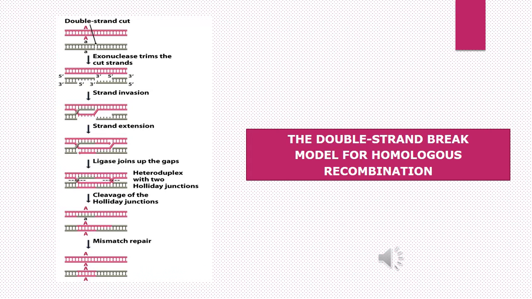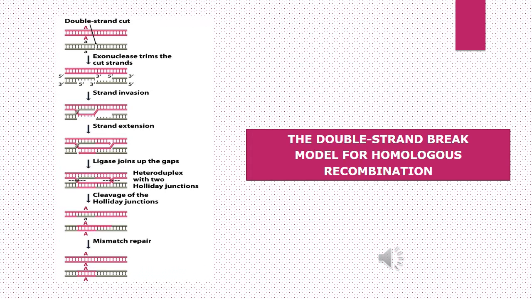On the broken DNA molecules, these single-stranded DNA tails terminate with a 3' end. In some cases, both strands at a double-stranded break are processed, whereas in other cases, only the 5' terminating strand is degraded. The single-stranded DNA tails generated then invade the unbroken homologous DNA duplex, which is called strand invasion.